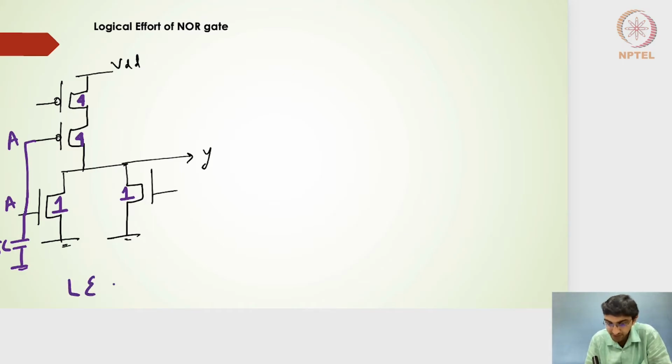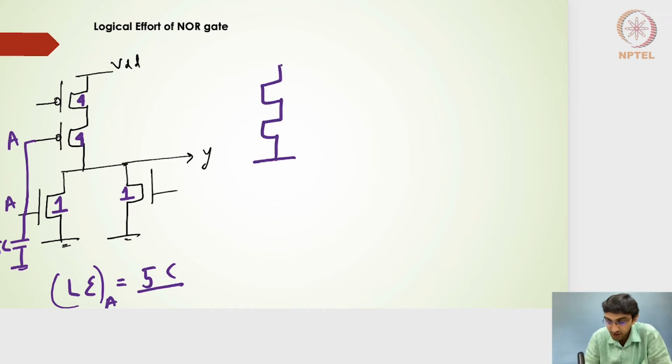So the logical effort for the input A will be nothing but 5C divided by the 2:1 inverter here. So I'm going to draw that VDD rail and then the ground rail and then the size of 2:1, which will give me an output here Y.